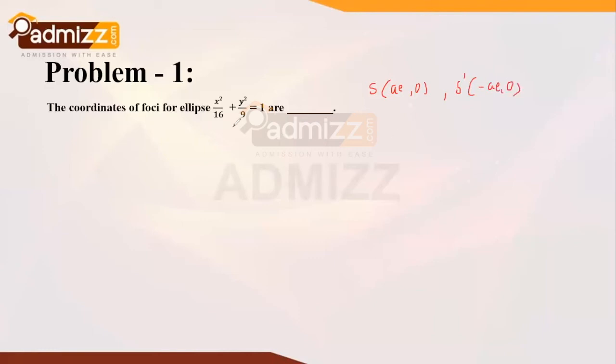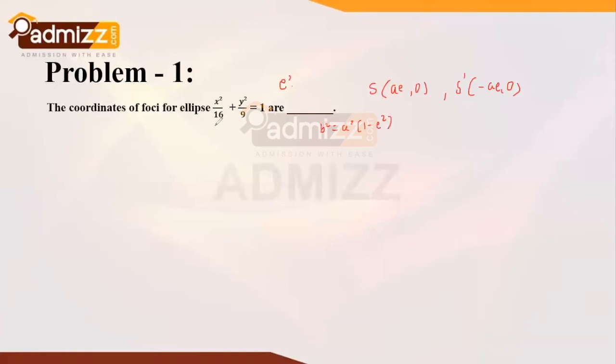Now we can obtain the a value from over here, but what about e? How to obtain e value? So e value can be obtained by using the relation which we had already studied. So that relation is nothing but it is b square is equal to a square into bracket 1 minus e square.